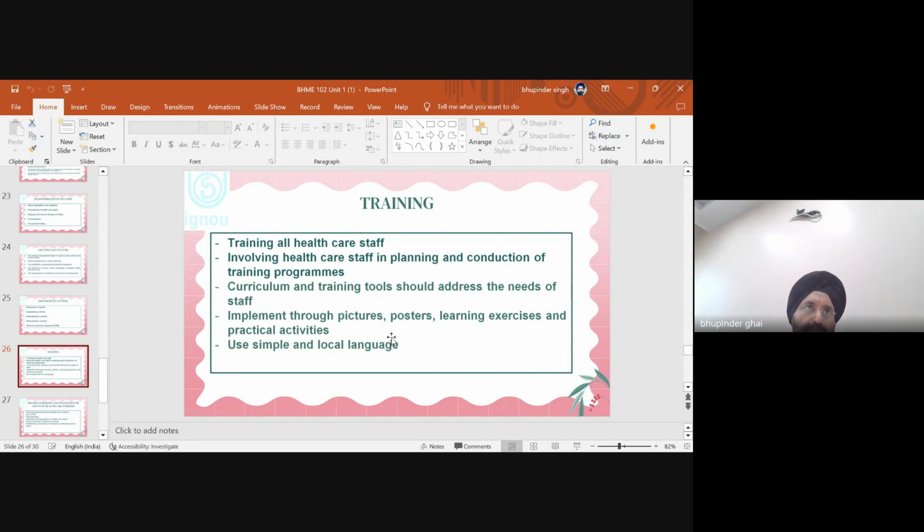You take them to the place where they actually work and show them what they need to do, or they will tell you how they are doing it and you can suggest any modification if required. For the training purpose, use simple and local language. This is important. You talk to them in their own language so that they can understand things easily.